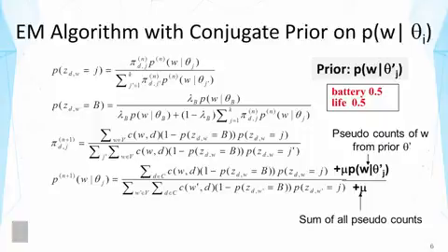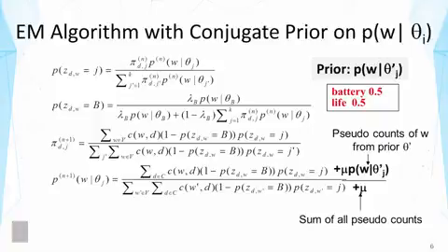Right? So here you can see the pseudo counts are defined based on the probability of words in our prior. So battery, obviously, will have a high pseudo count. Similarly, life would have also high pseudo counts. All the other words will have zero pseudo counts because their probability is zero in the prior.